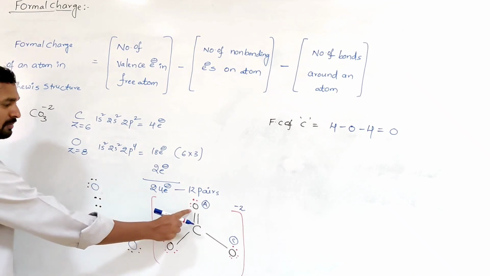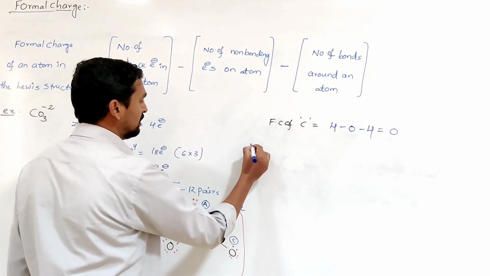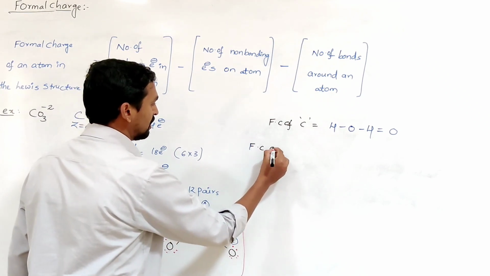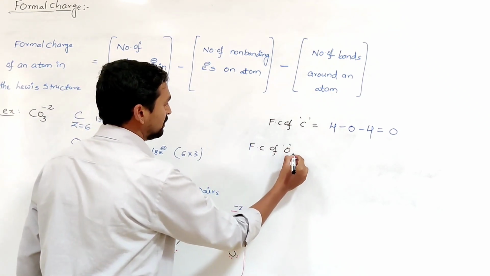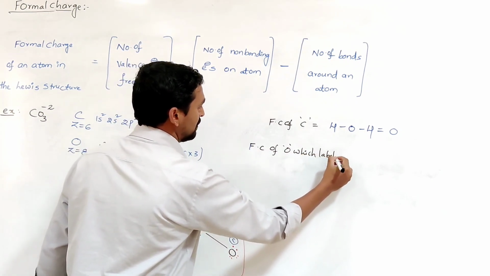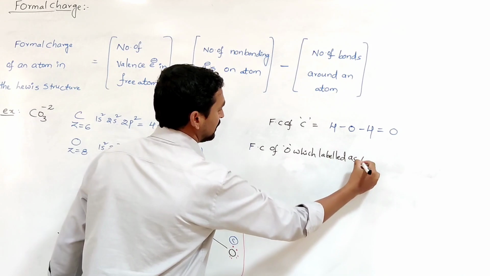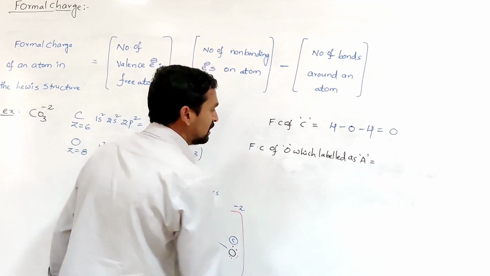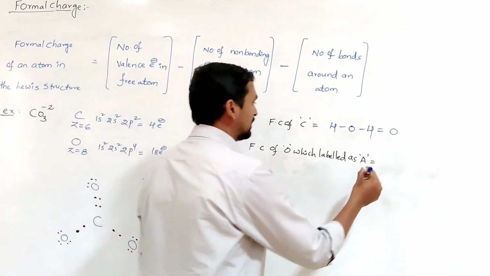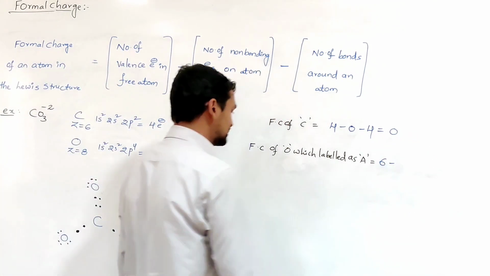Then go to the formal charge on the oxygen, which is labeled as A. Formal charge of the oxygen atom labeled as capital A is equal to. How many valency electrons are present in the free oxygen atom? You know very well, that is 6 minus.